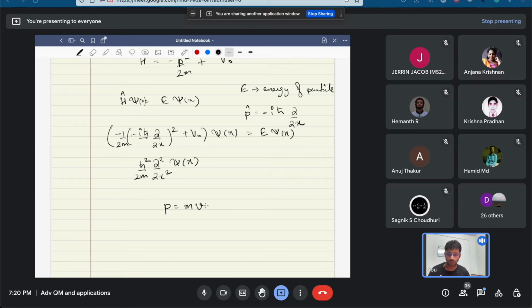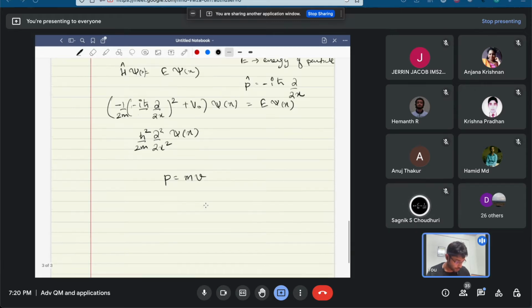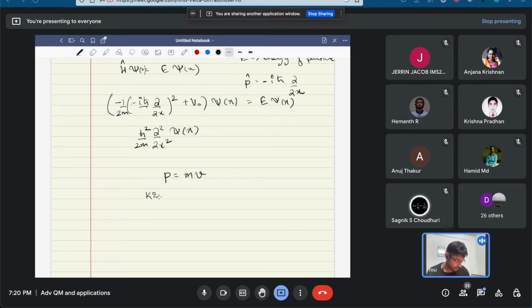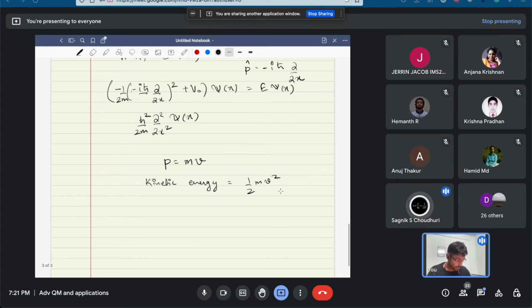This is classical, right? Your momentum is given by mass into velocity. And when you don't have any potential, that means the particle is free and it only has kinetic energy. Now kinetic energy is given by half of mv square, right?